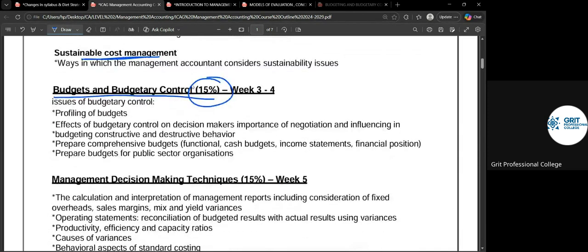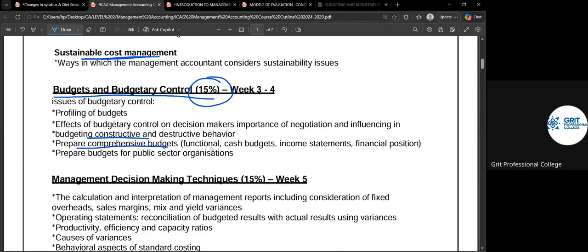All right. When it comes to this particular area, issues like the approaches to budgeting, constructive and destructive behavior. So these are the behavioral issues when it comes to budgeting. Your ability to prepare comprehensive budgets, what we call the master budget.